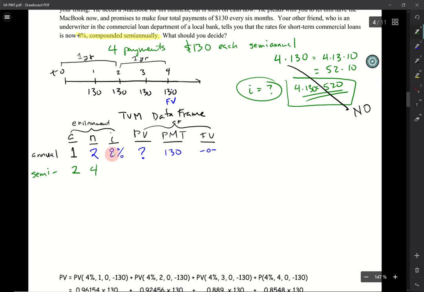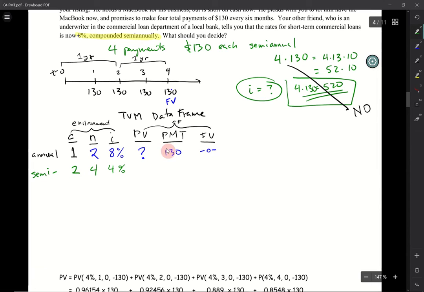Now again, this 8% interest rate is over the entire year, and since this is semi-annual compounding, we're only going half of that amount, and then the second half of the year is the second half of that amount, right? So we take this and divide by this C, and we get 4%.